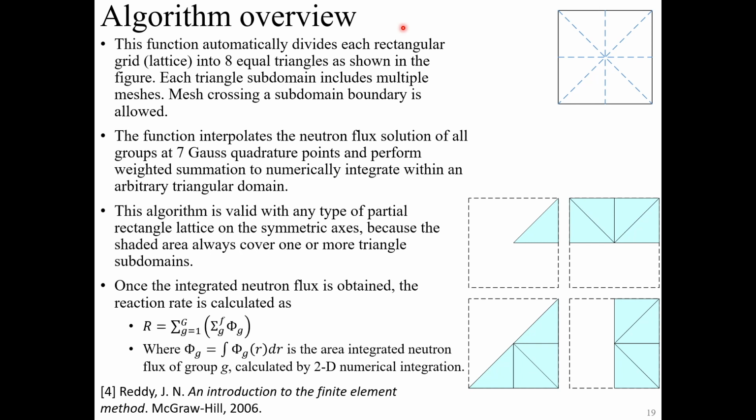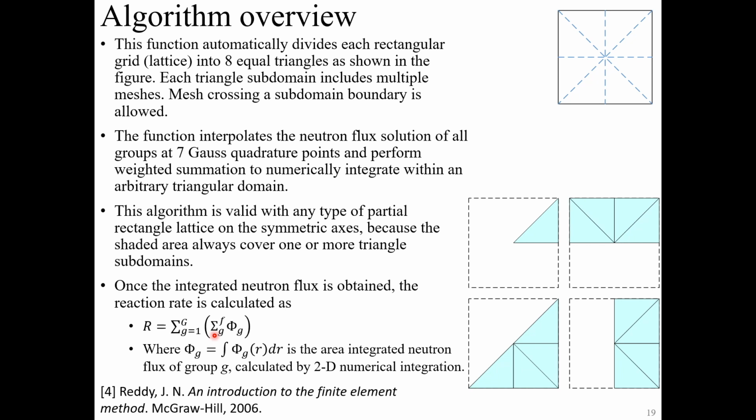Then, once the integrated neutron flux is obtained, the reaction rate is calculated by this function, shown here in this formula. Recall that the reaction rate is the macroscopic cross-section multiplied by the neutron flux. Here, we also sum the reaction rates of each group.